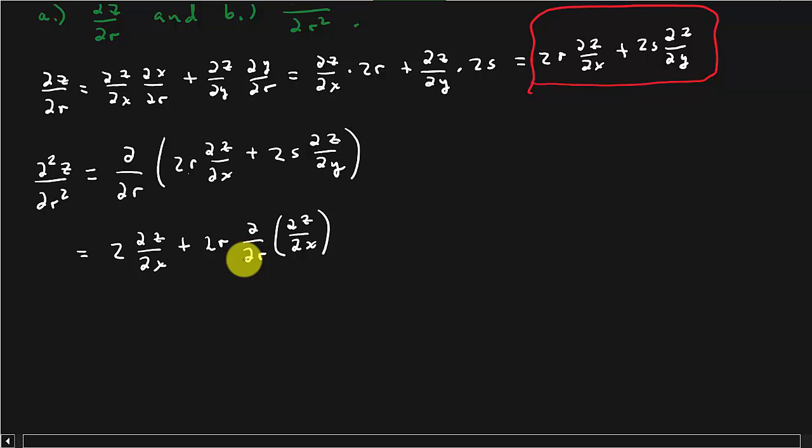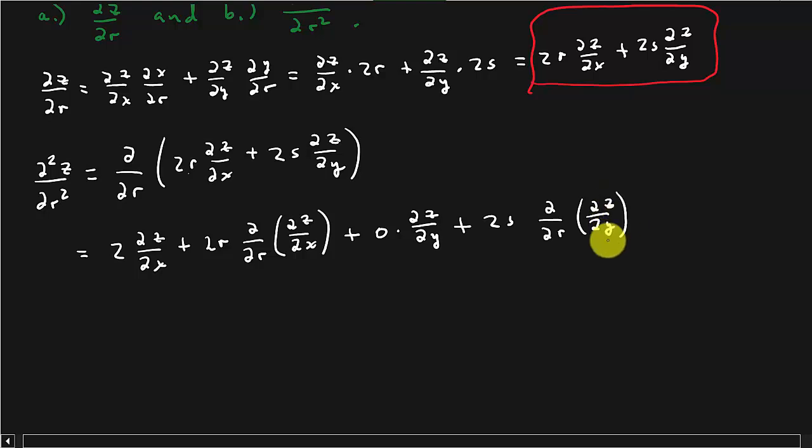That's all we're doing there. Plus the derivative of this first function, which would be 0, times the partial of z with respect to y, plus the first function times the partial of the second function. So that would be the partial with respect to r of the partial of z with respect to y.